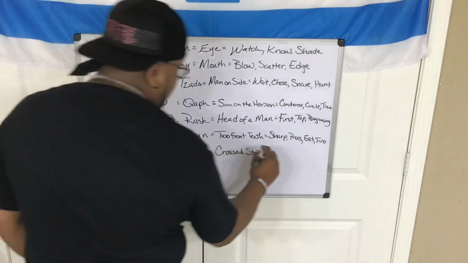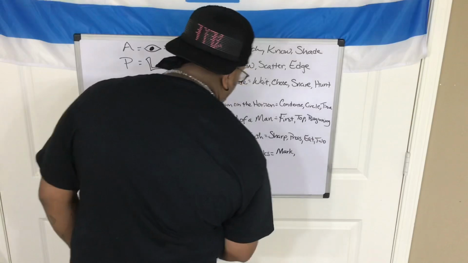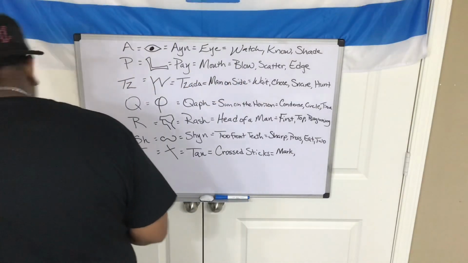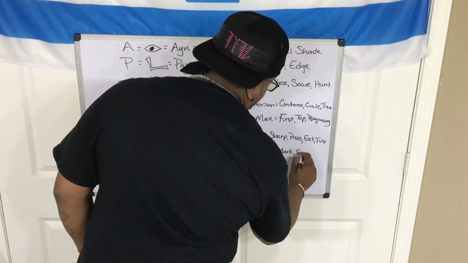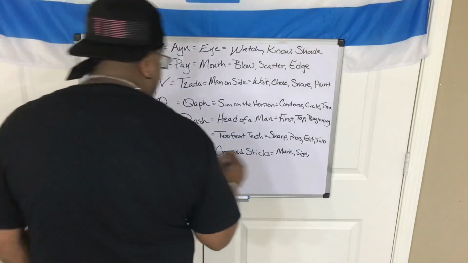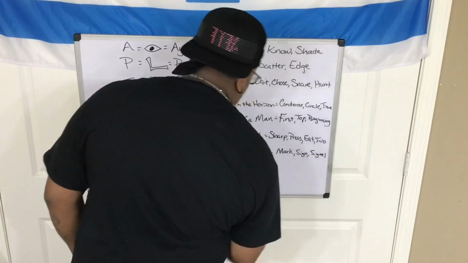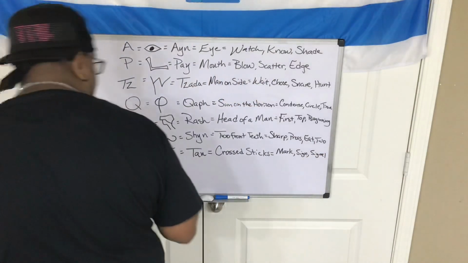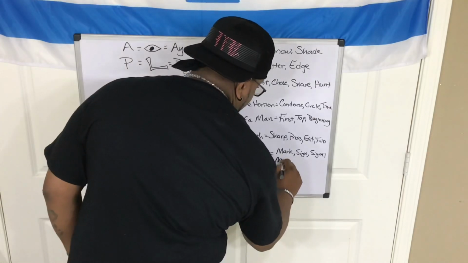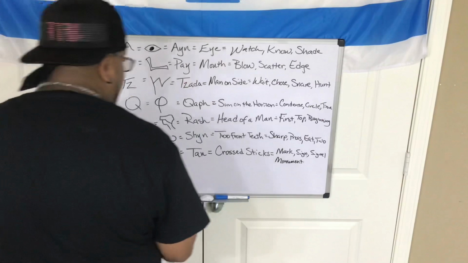Cross sticks represent a mark. That's why theirs is a false mark. A mark. A sign. A signal. And a monument. Look at that.